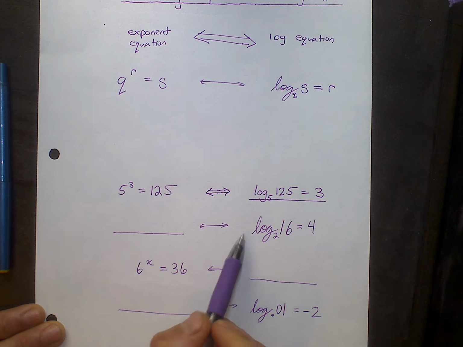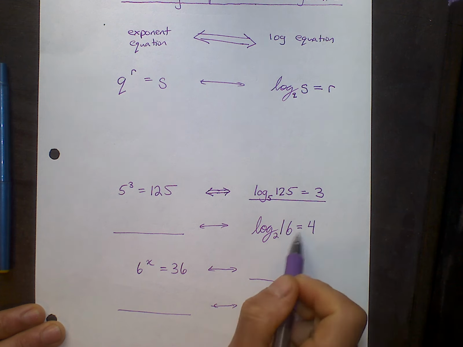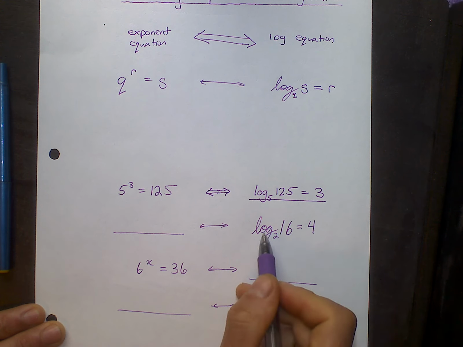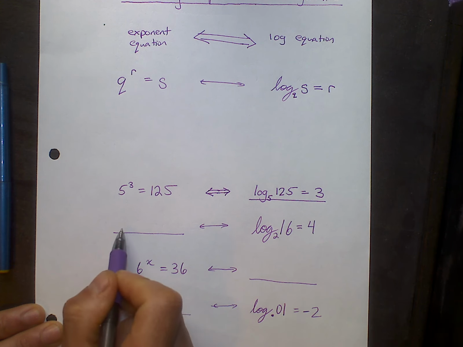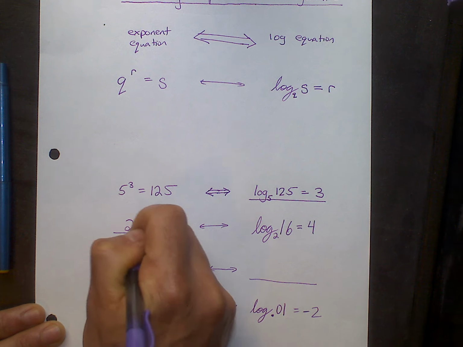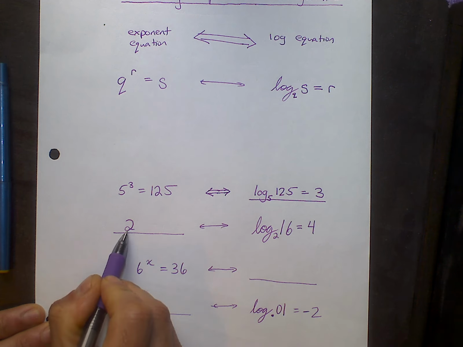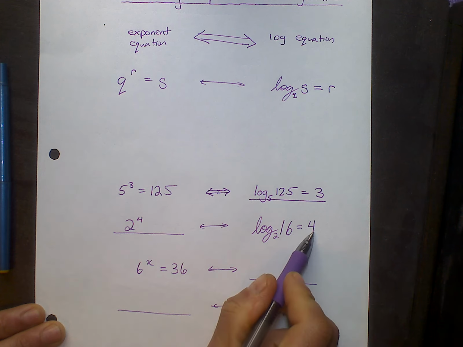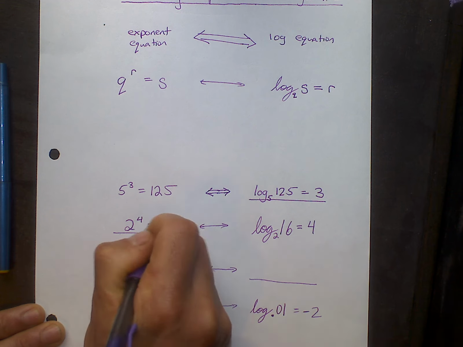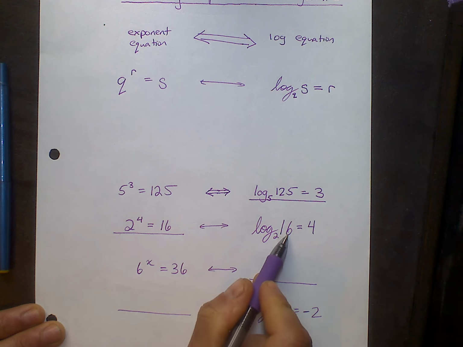Okay, let's just try doing the reverse process. Here I have in a log equation, log of 16 base 2 equals 4. Notice how I read it. I just emphasize what I'm actually taking the log of. Okay, when I write an exponential equation, the base, the number that was tucked in right there, is now a little bit bigger, 2 raised to the 4th power, because that's what was the output on the other side of the log equation, equals what I was taking the log of, 16.